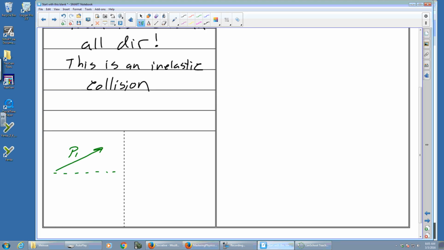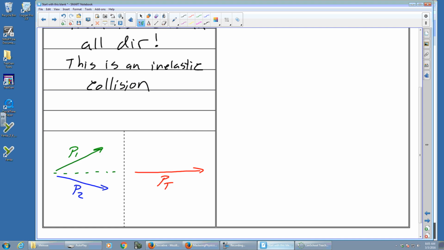So momentum 2 is in that direction. And then they tell me my final momentum, I'm going to call it momentum total, is in that direction.